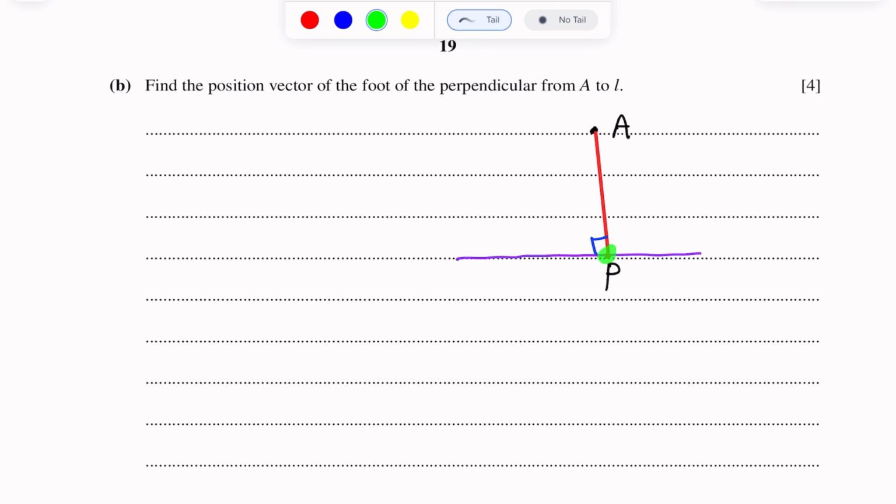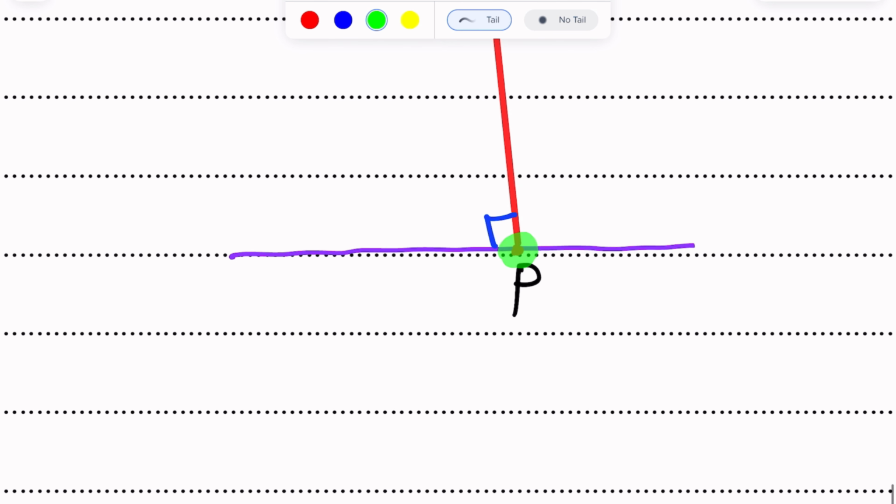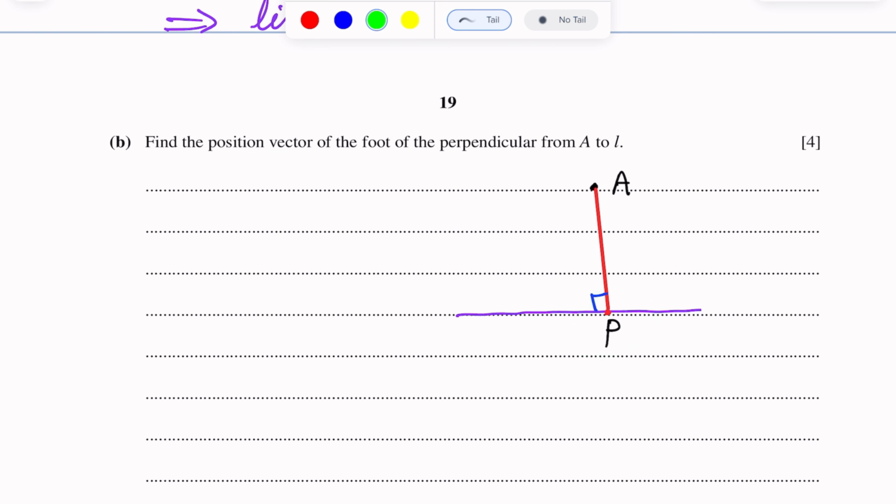So this point P is called the foot of perpendicular. Now we have to find the position vector of this point P from A to L. This line is L.